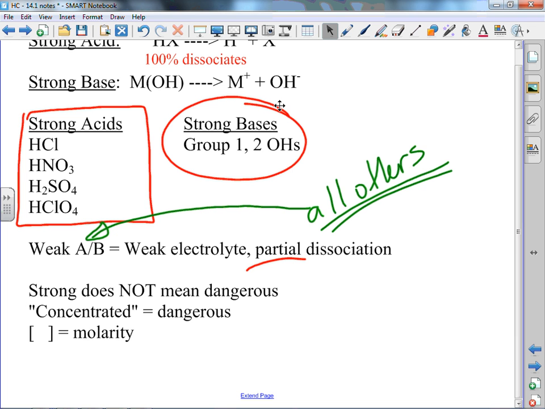So it's very important that we know the difference there, because what determines dangerous is the molarity of the chemical, not how it ionizes. So again, I'm sure we'll talk about that in class a little bit. But that gives you some introductory information on acids and bases, which we will be doing a lab before we get too far into this chapter.